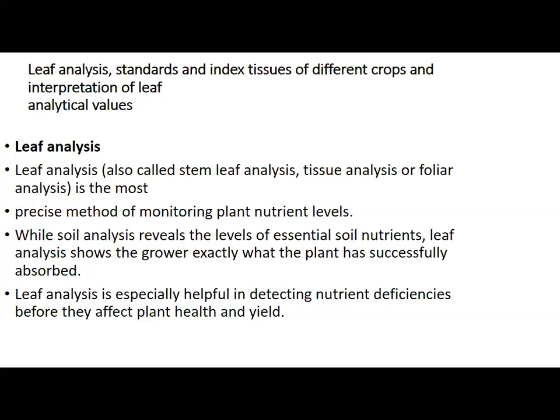So we generally follow plant analysis. In plant analysis, the main importance is on leaf analysis, also called proximate analysis. It is a precise method of monitoring plant nutrient levels; stem, leaf or tissue analysis is the most important factor which determines the uptake of nutrients.